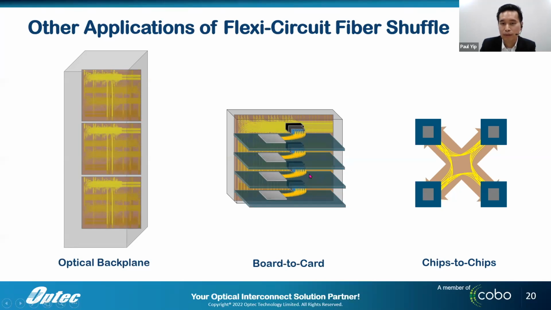We can do this as well using the flexi circuit fiber shuffles. And chips to chips. The good thing about co-packaged optics is getting size smaller and smaller, so can we use one or more chips in the future on one PCB or in one system? Hopefully flexi circuit is enabling all these kinds of designs in the future.